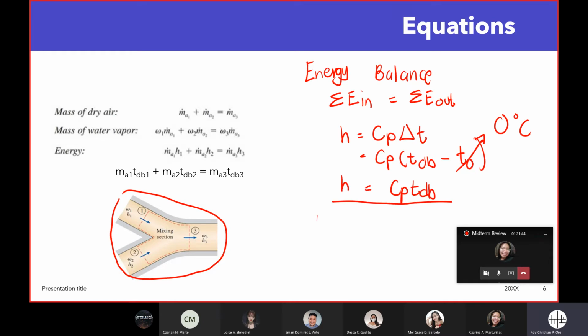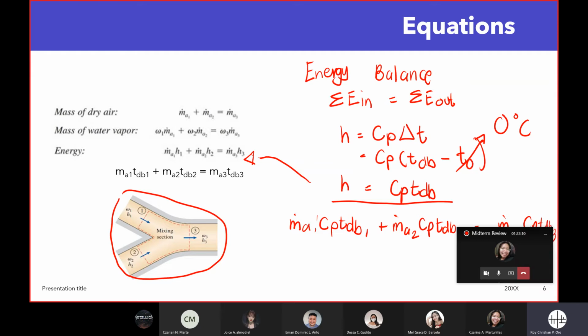And if we use this equation in this equation, so we substitute the values of specific enthalpy, we will get Ma1 times Cp TdB1, and the same goes for the other states, Cp TdB2, equals Ma3 Cp TdB3.